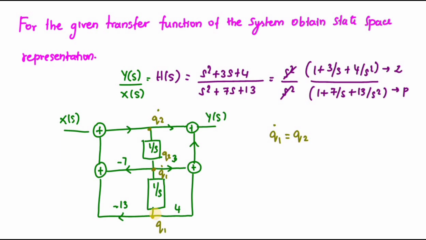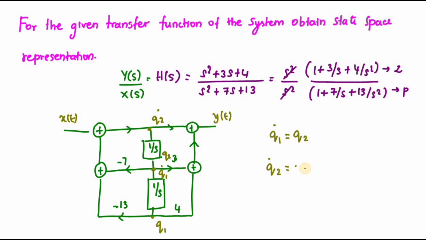Okay. So how to write q2 dot? This is x of t and this is y of t.